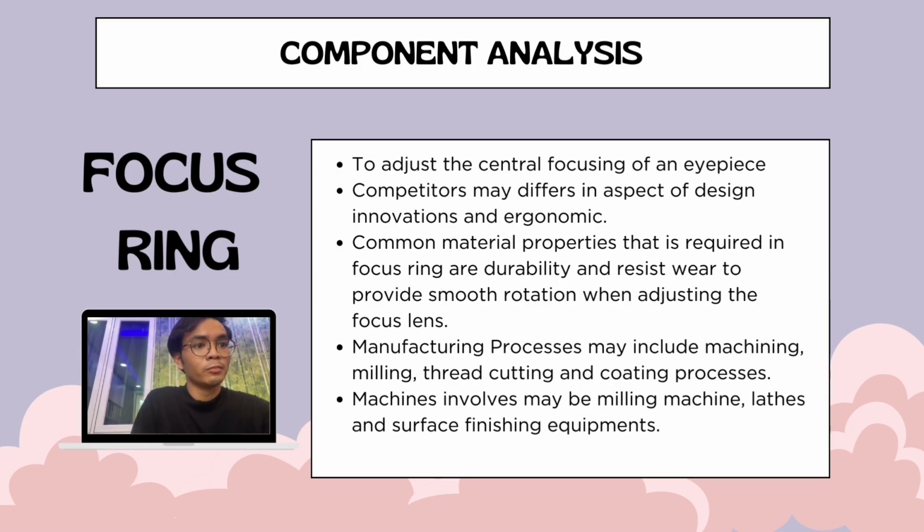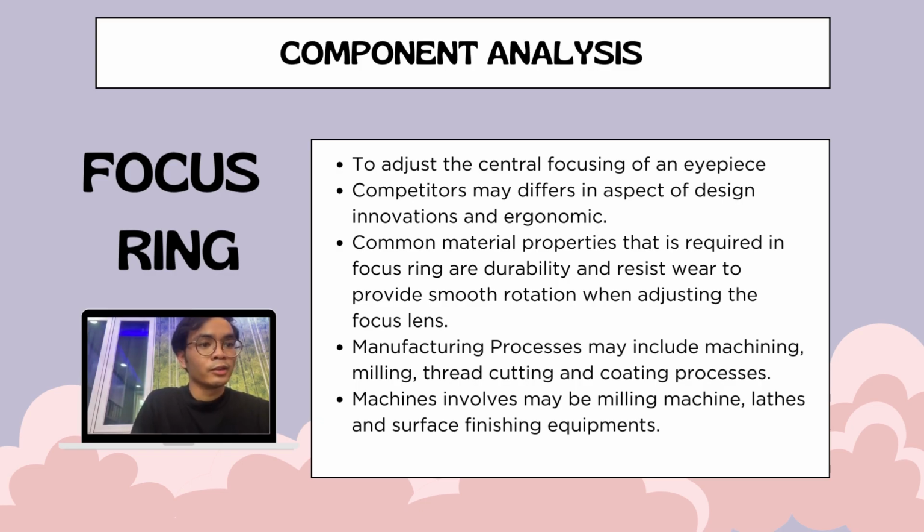The most common material properties for this part are ergonomics, so that it is comfortable for the user to use, durability, and wear resistance, so that it can provide smooth rotation when adjusting the focus lens.